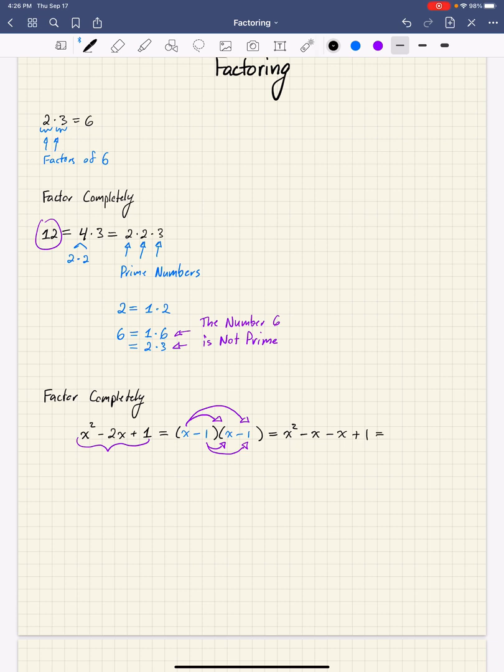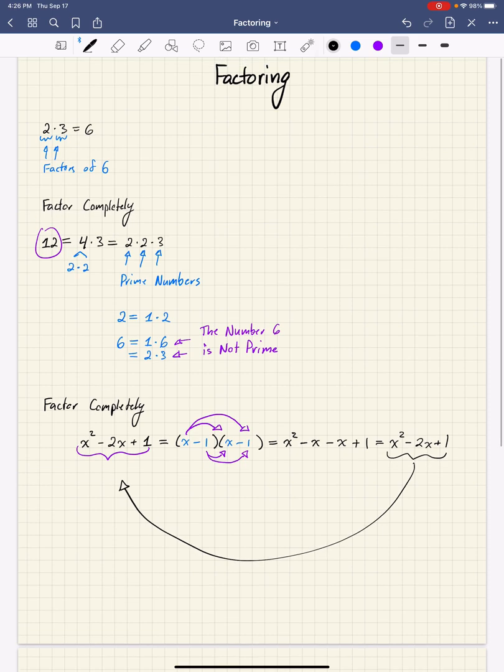So after multiplying this out, we get x squared minus 2x plus 1. And that right there is the original expression we had. So that is factoring.